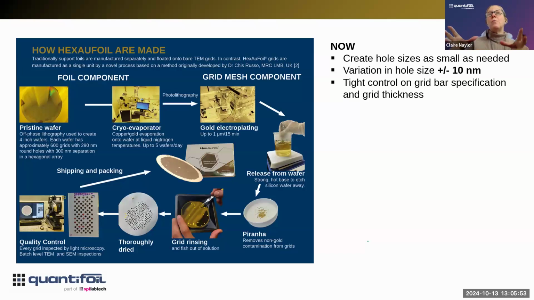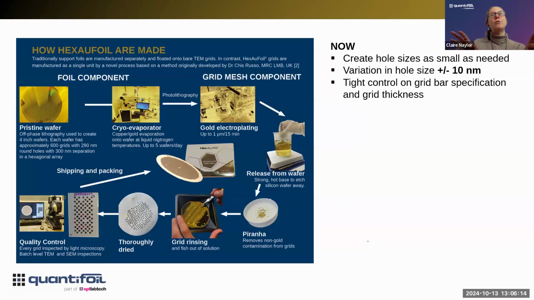And then we do another piece of lithography onto that film to make the grid. And then we release those grids from that wafer and pack them. But the beauty of this lithography gives us really great control over what your grid looks like.